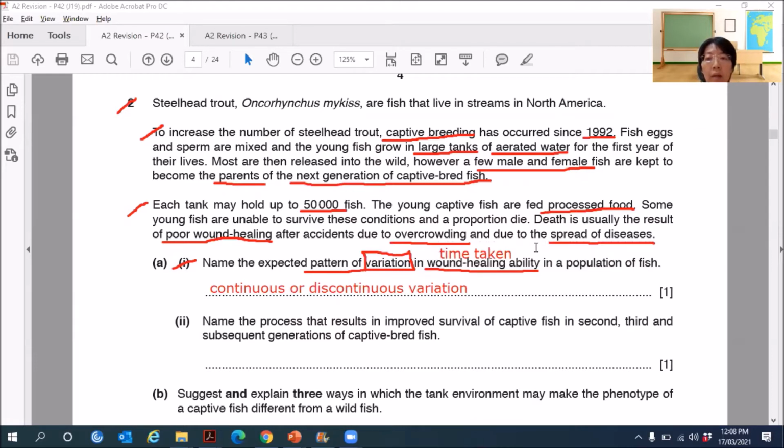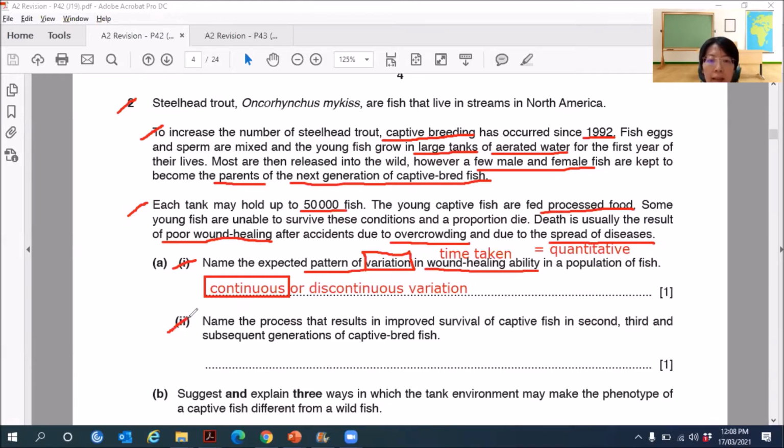If it's talking about timing, time is quantitative. If it's quantitative, then it is continuous, because your phenotypic variation is continuous. So the value is continuous. Therefore, it is a continuous variation. It's a very good question to test your understanding of these two variations.